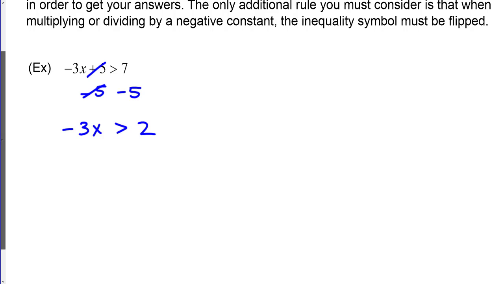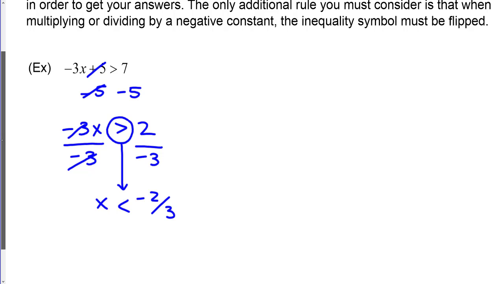The only thing I have to be careful of is in the next step: in order to get x by itself, I need to divide by the constant negative 3. But whenever you divide by a negative number, you have to remember to flip your inequality sign around. So the solution here is x is less than negative 2/3.